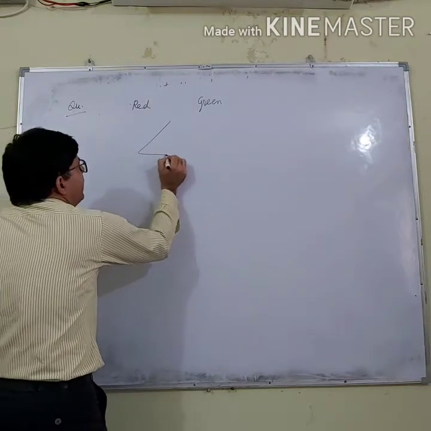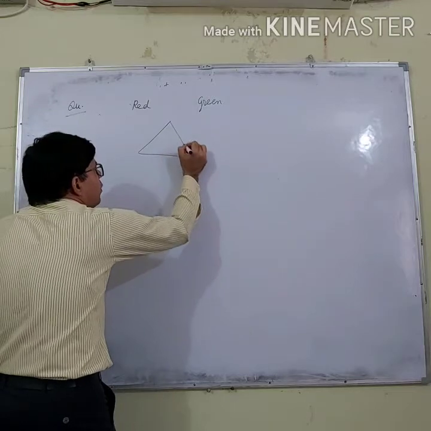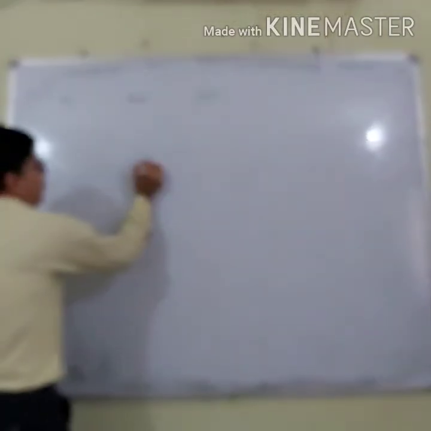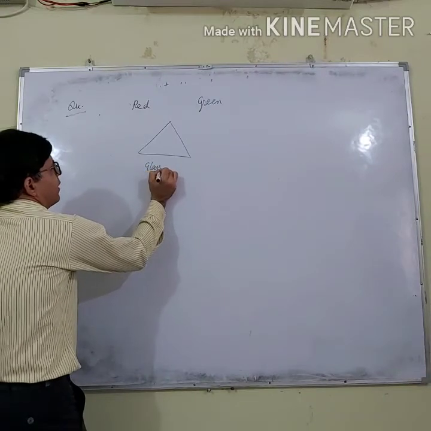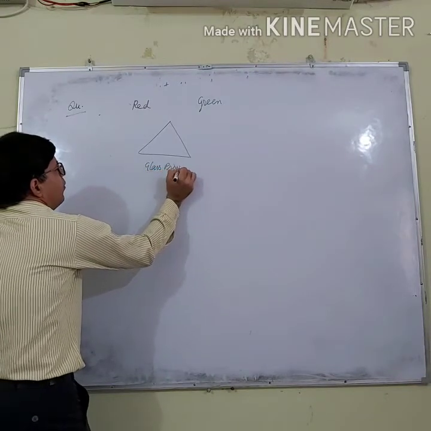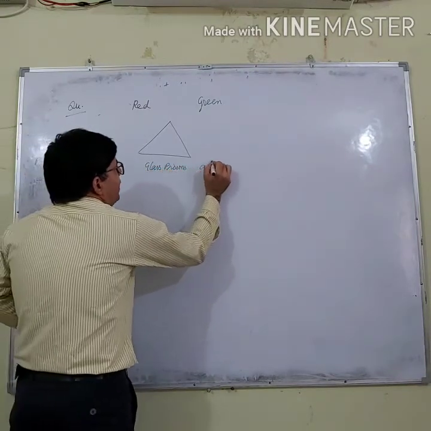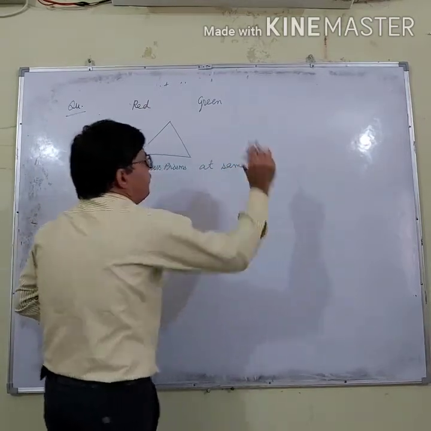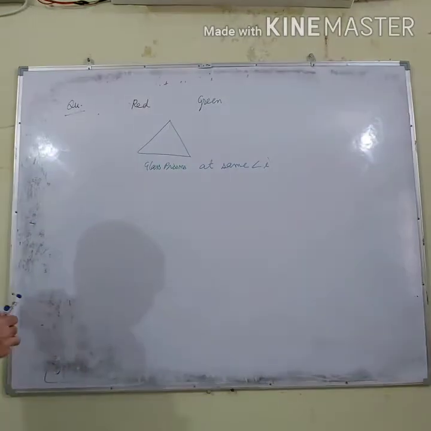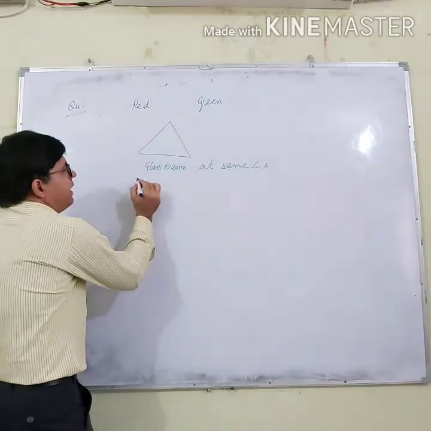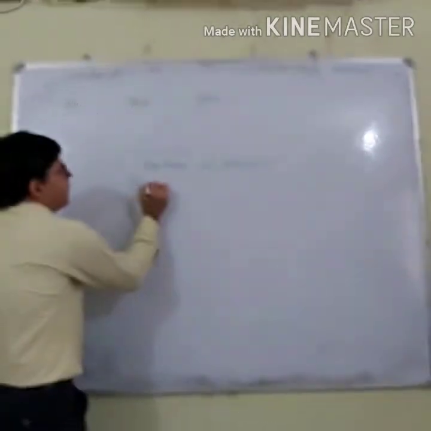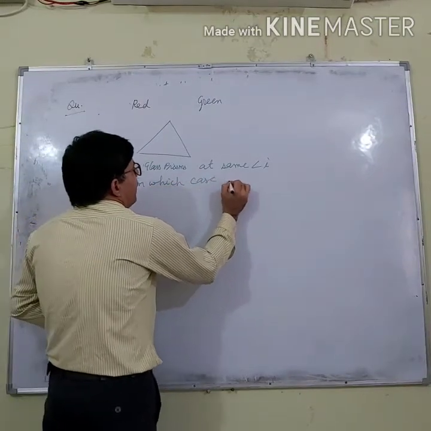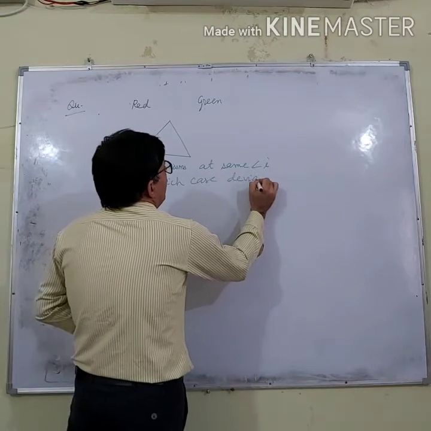Both these lights are allowed to pass through a glass prism at the same angle of incidence. In which case is deviation more?